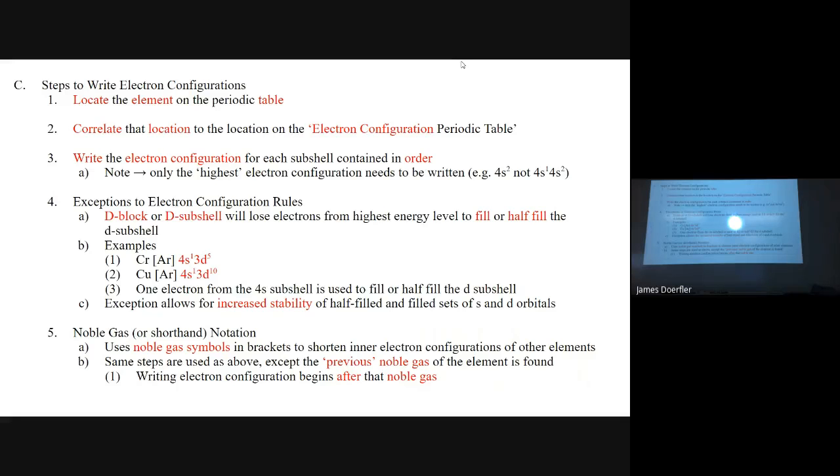So again, for the s orbital, we said that it could only hold a max of 2 electrons. So when you're writing the electron configuration, you only have to write the biggest one. So as an example, 4s2, you do not have to write 4s1, 4s2. Okay?